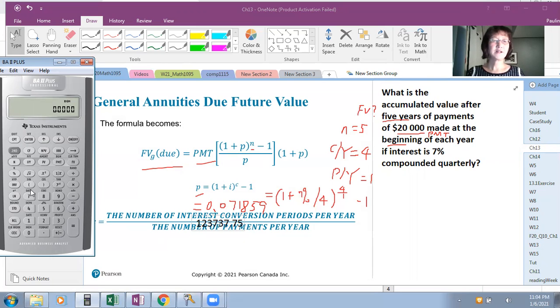Now enter N, the term, 5. And 7 is the interest. 20,000 is negative PMT. I entered 3 numbers.